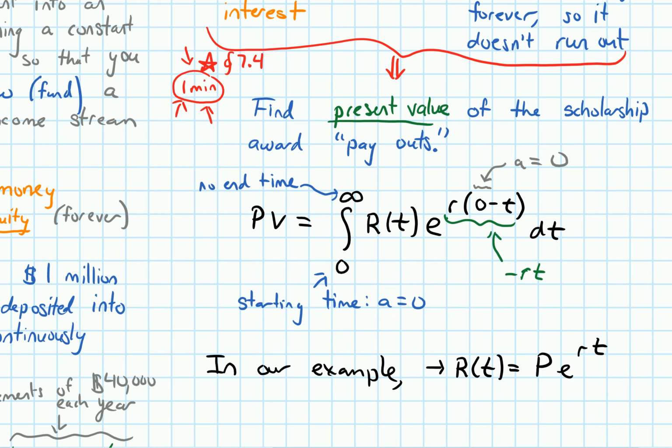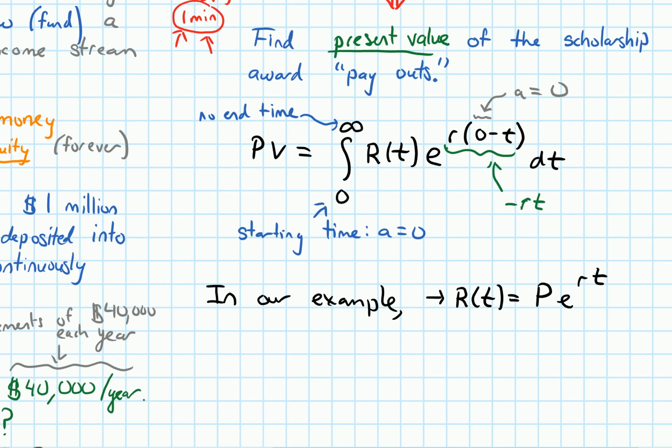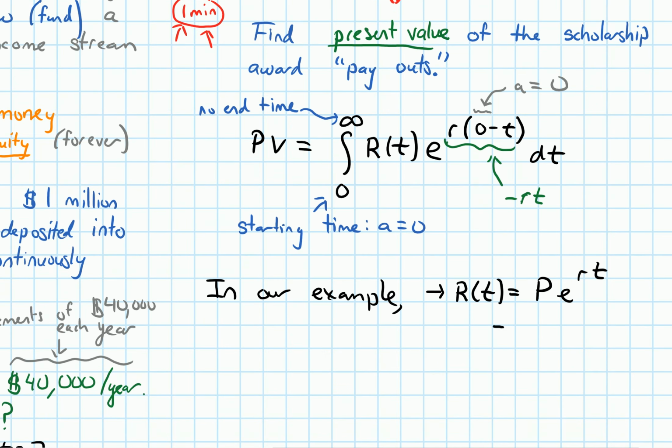So now let's plug in. P represents the initial payout rate, which is 40, even though it's 40,000, and I'll keep track of the units later. So 40 is the initial amount, times e to the r, where r is the rate at which the scholarship amount is increasing each year, which is 0.03, and then t.